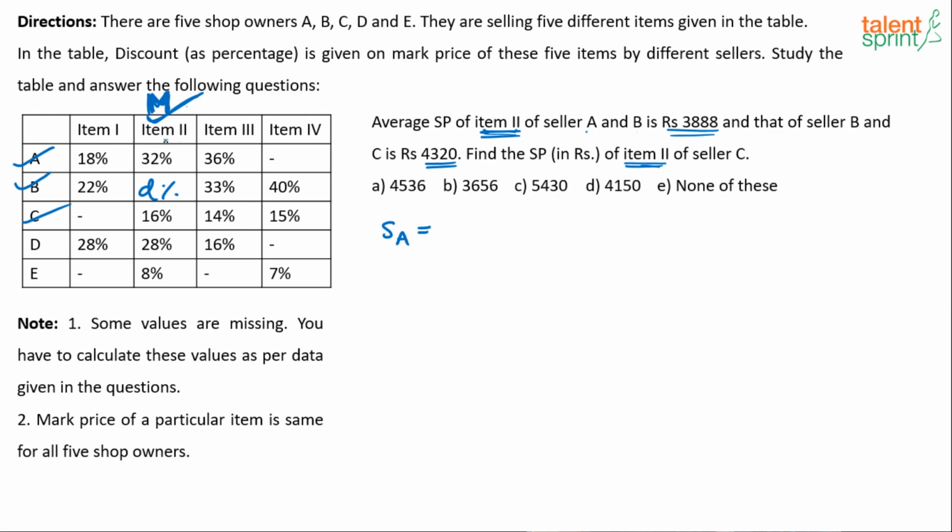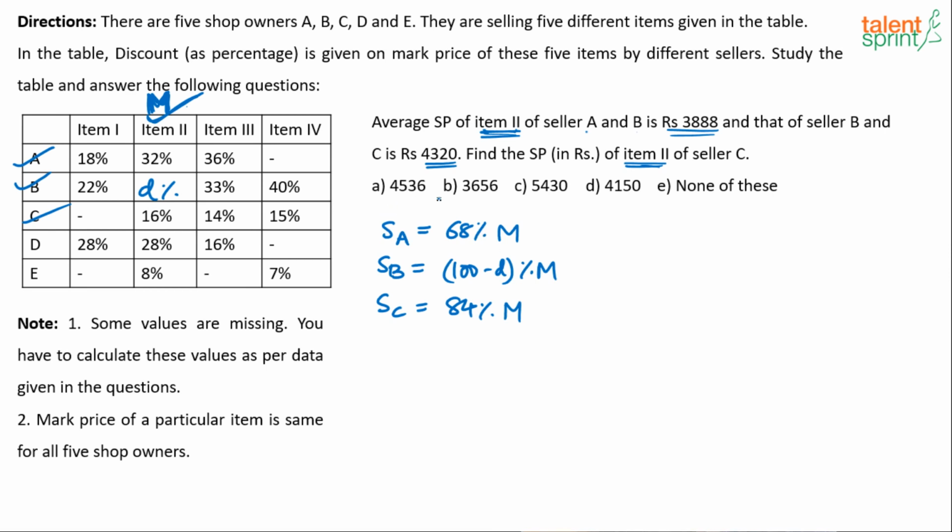If the discount is 32%, selling price will be 68% of mark price. What will be the selling price for B? We do not know what the actual value is. We are considering the discount to be D percentage. So selling price will be 100 minus D percentage of the mark price. And selling price for C is going to be what? The discount is 16%, implies selling price will be 84% of the mark price.